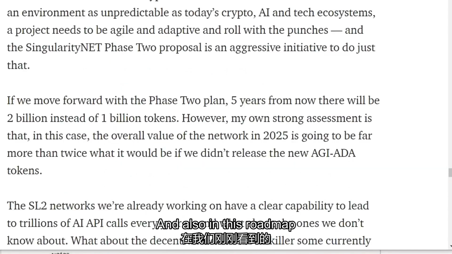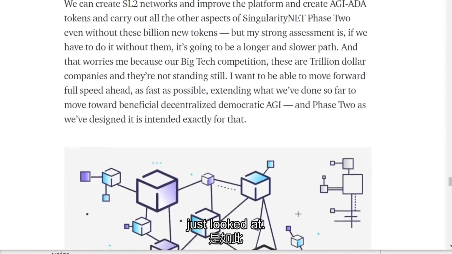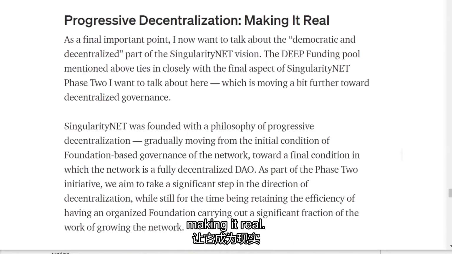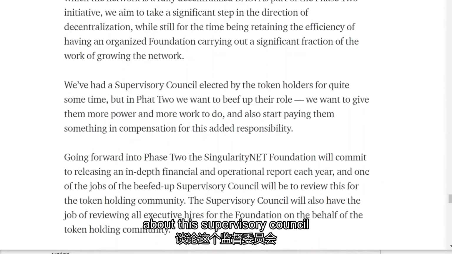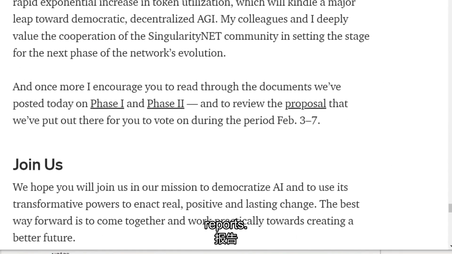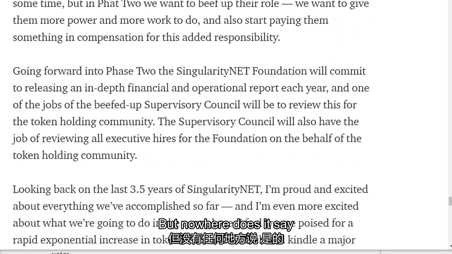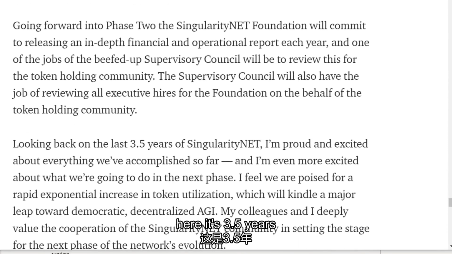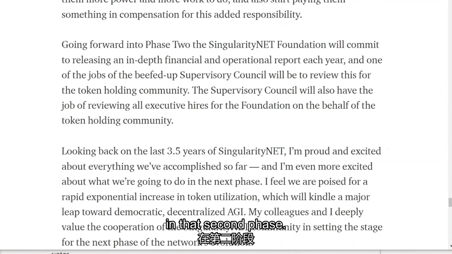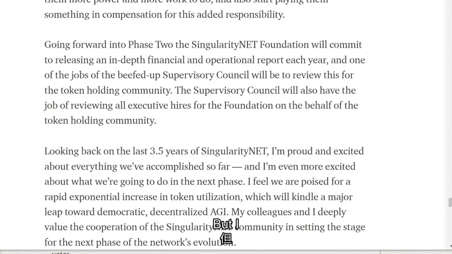And also in this roadmap of part 2 that we've just looked at, they're saying progressive decentralization, making it real. They also talk about this supervisory council, and they now pay them, and they release financial reports. But nowhere does it say that, see here, it's 3.5 years in, so they should be in that second phase. Maybe they are, but I would guess they'd make an announcement if that's the case.